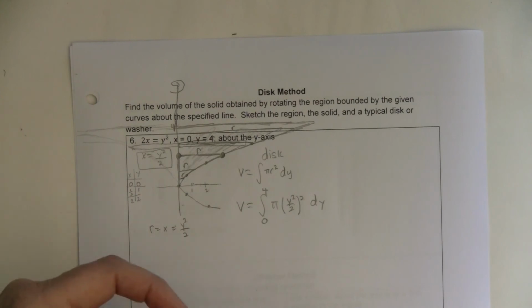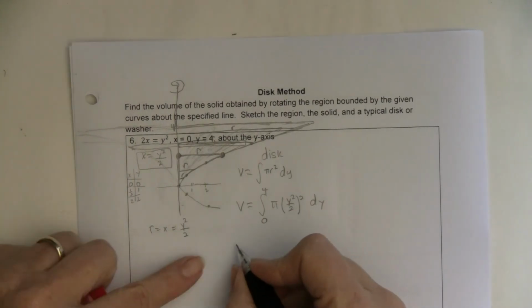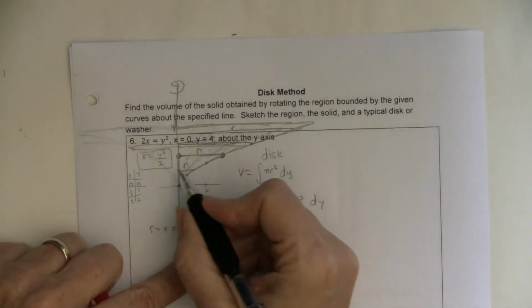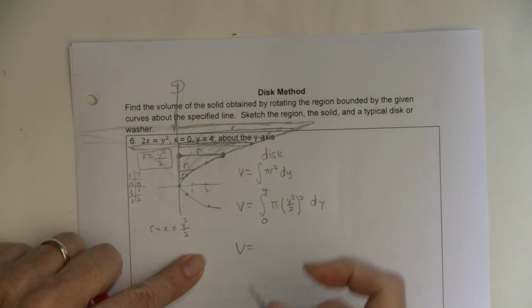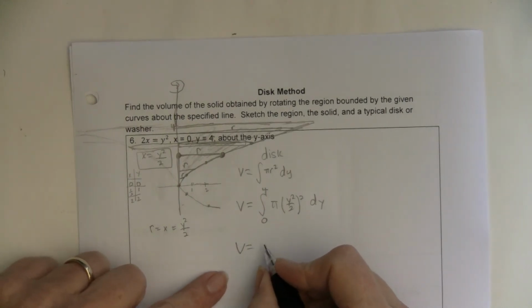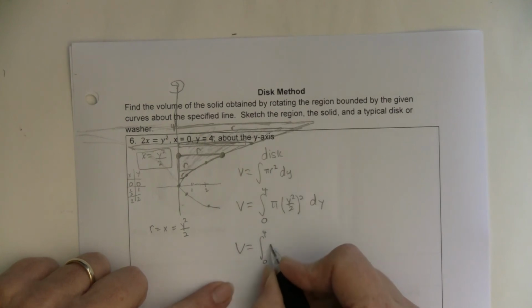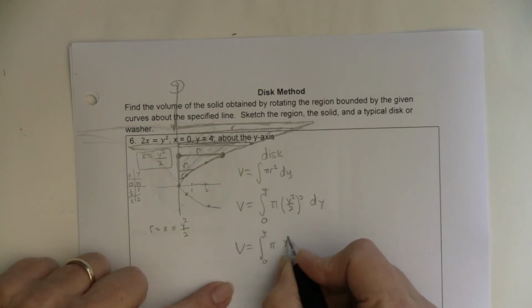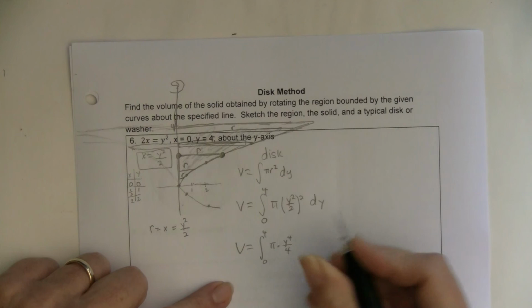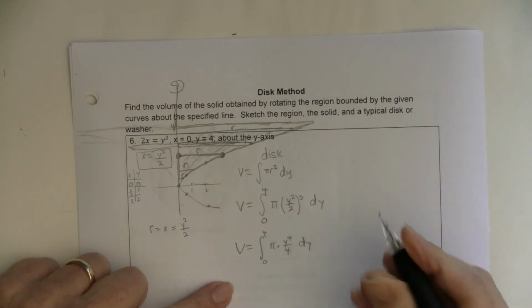And my discs are going to go all the way from 0 to 4, and there's going to be infinitely many of them. And so now all I have to do is integrate this. And this shape, oh my gosh, you guys will probably be better at drawing them than I am in 3D, and so that's why I refer to Professor Bob. He's really good at drawing them.